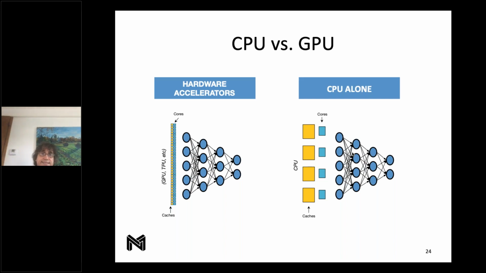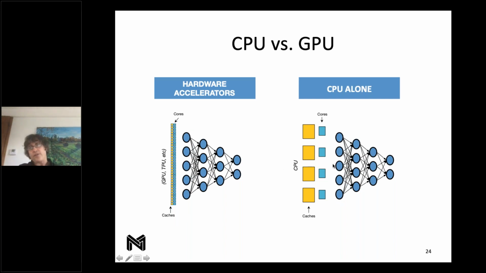On a hardware accelerator, here's our neural network in blue, and we have thousands of cores, each of them with a very small cache and with incredible bandwidth to memory. Bandwidth to memory is 10x more than a CPU, even more than that. So great bandwidth to memory, lots of cores, but tiny caches.